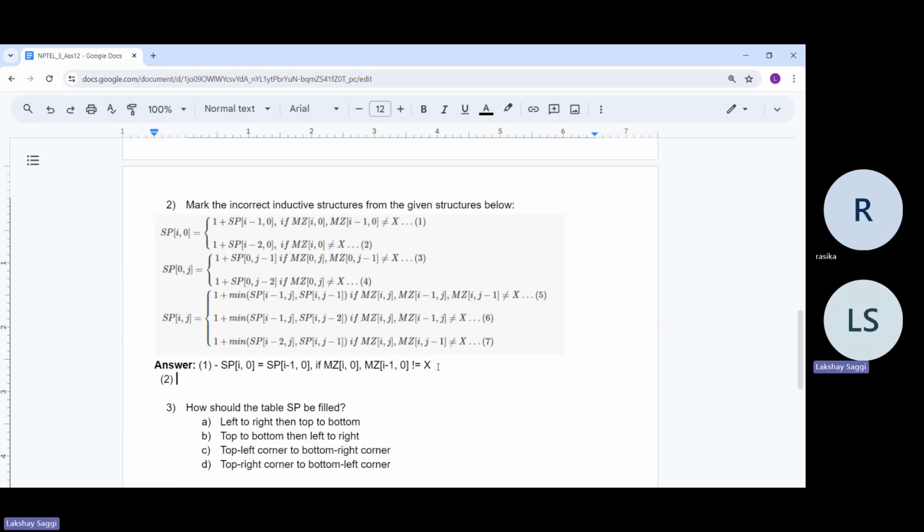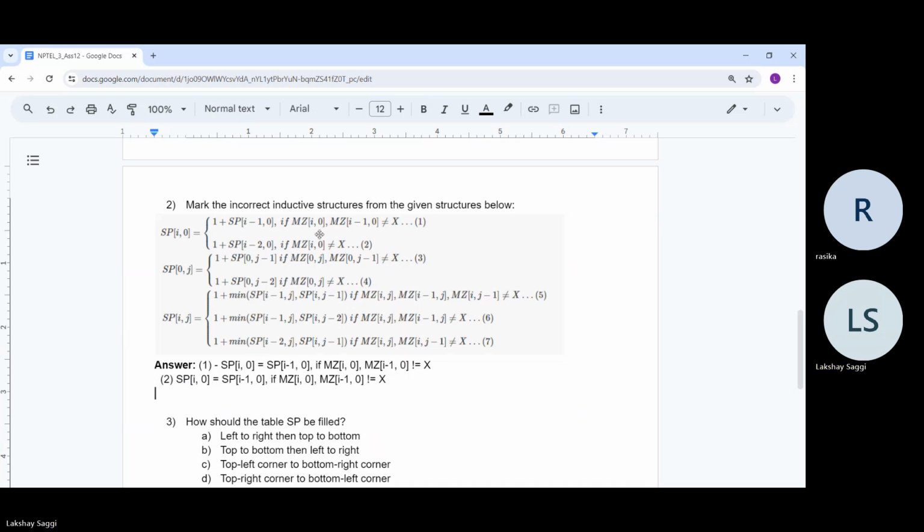Similarly, the second inductive structure, although it is correct, maybe I should write it again. It has some constraints written incorrectly. So the second inductive structure claims that if there is a hurdle at i-1, then we'll need to hop across that hurdle. If there is no hurdle, then we'll just set it equal to the previous, because no hops are involved.